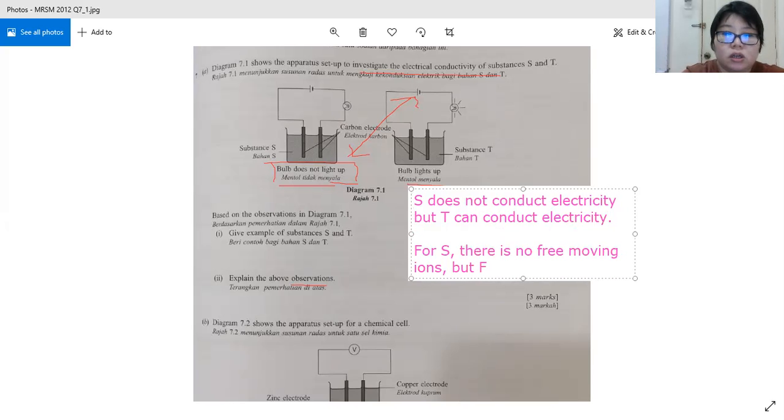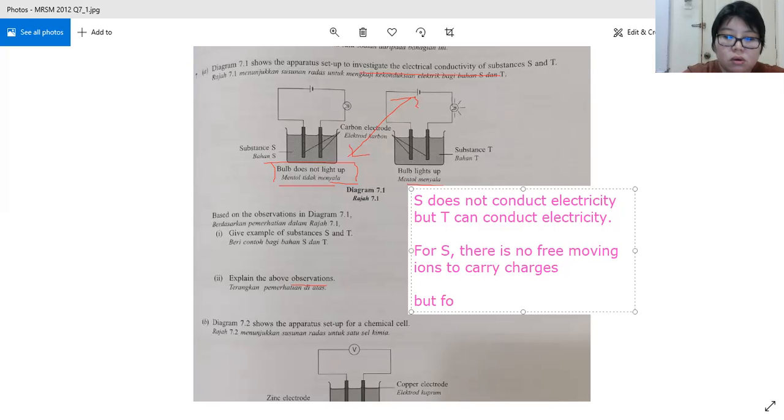But for T, then you are going to tell the same story, but for T, there is free moving ions to carry charges.